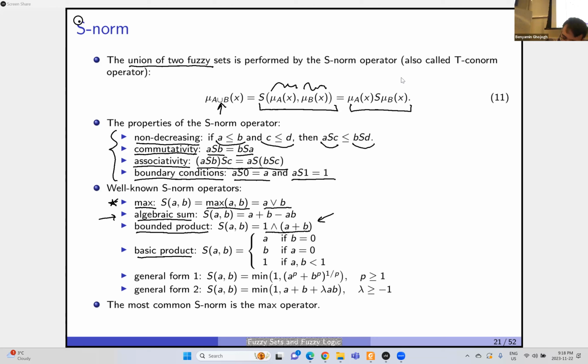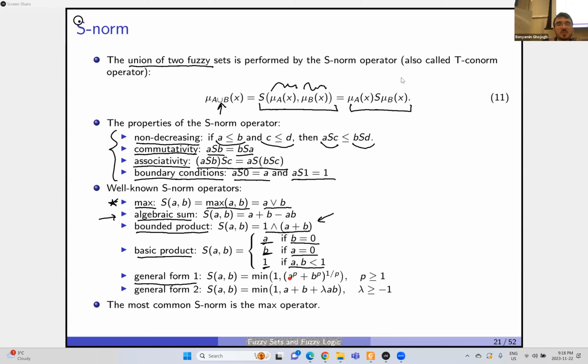Basic product. What is that? Now consider the intuition of upper bound. If B is 0, it becomes A. If A is 0, it becomes B. If both of them are less than 1, then it becomes 1 because it's upper bound. Right? General form 1, it's minimum of 1 and this thing. What is this?